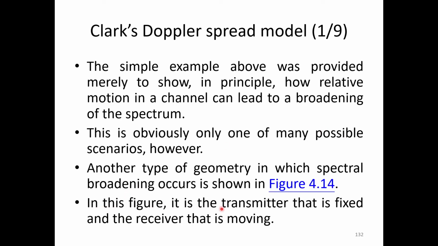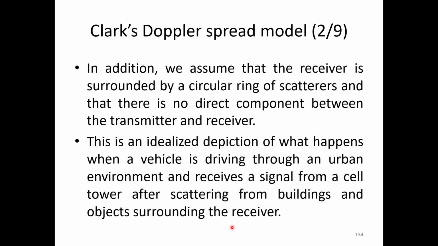In this figure, it is the transmitter that is fixed and the receiver that is moving. In addition, we assume that the receiver is surrounded by a circular ring of scatterers, and that there is no direct component between the transmitter and the receiver.